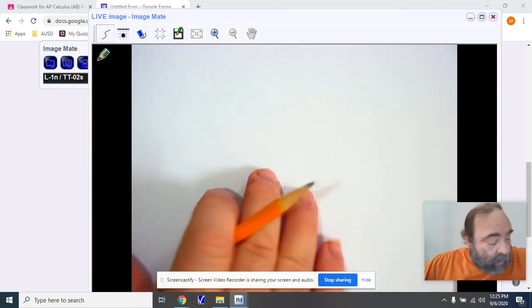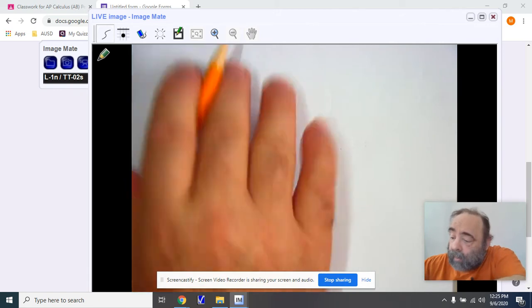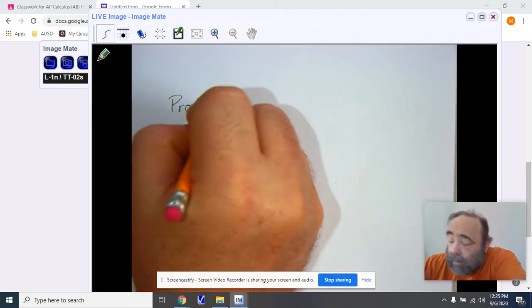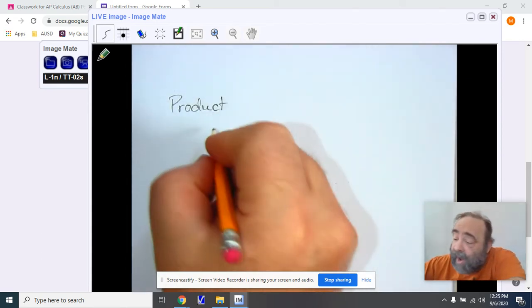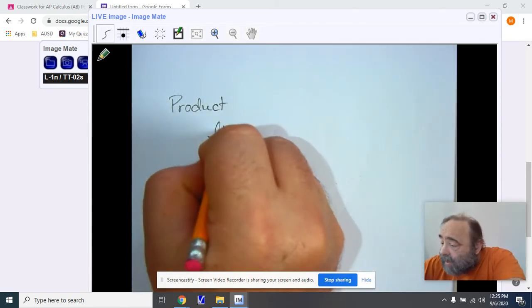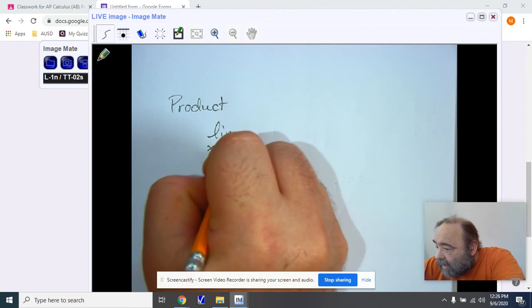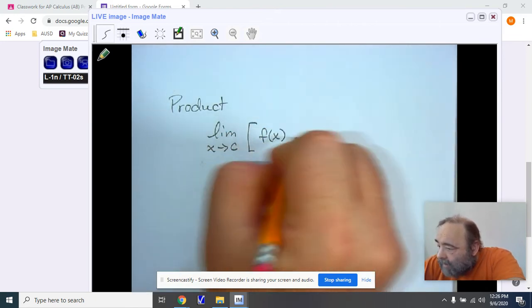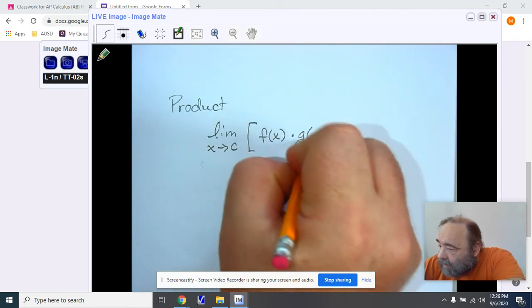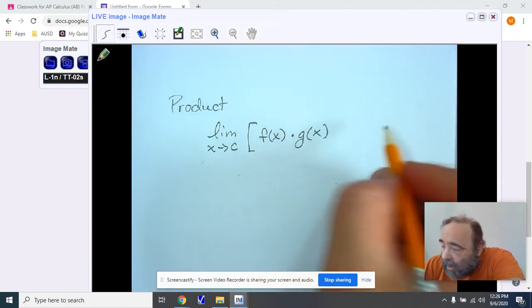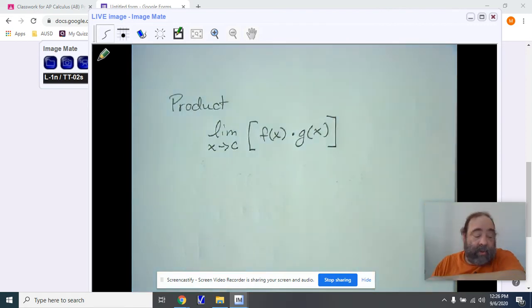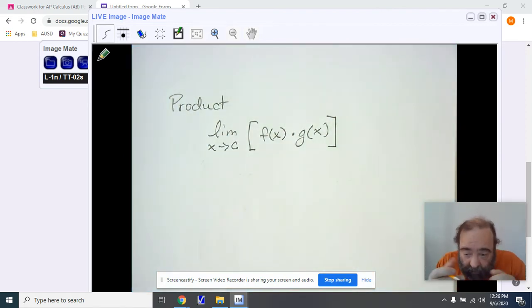The third of our rules is the product rule. The product rule is pretty much telling us that if I have the limit as x approaches c for a product, f of x times g of x, please recognize this is not a composite. What we want to do is distribute the limit.